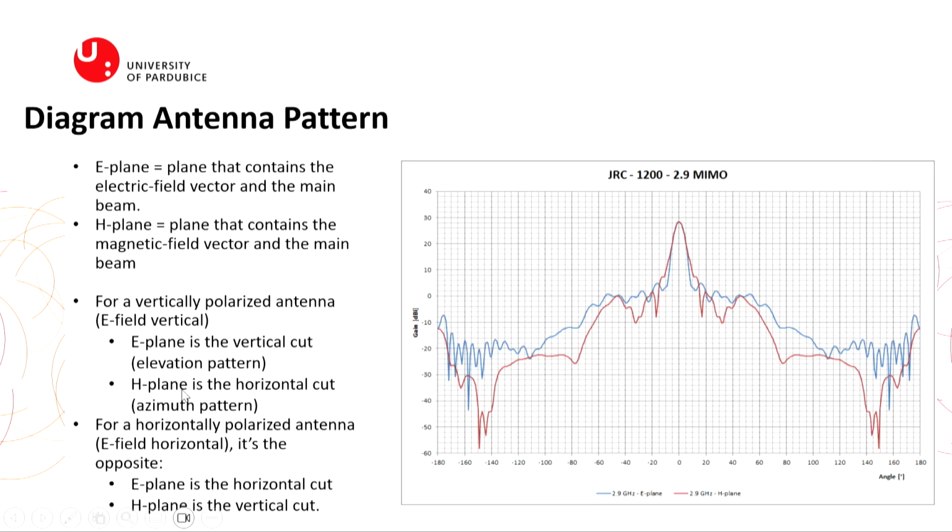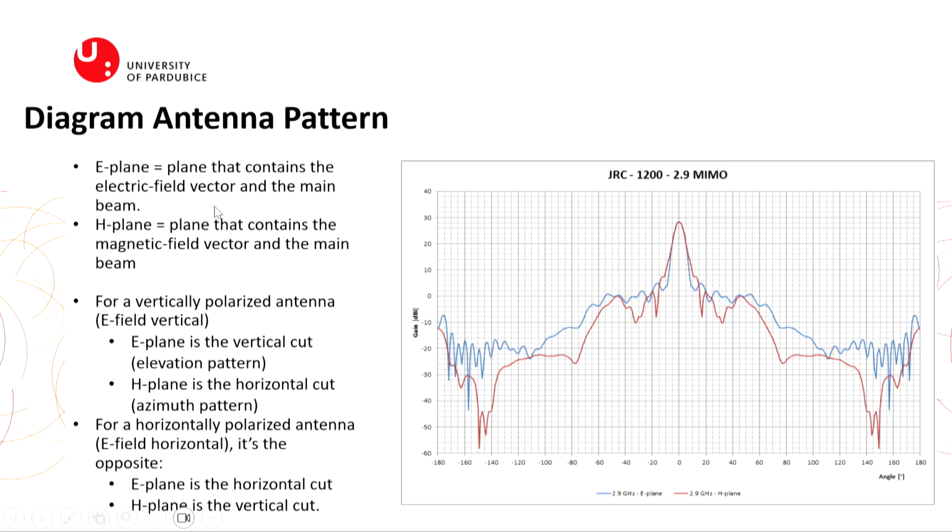There you can see the E-plane and H-plane of both antennas, so you can see the main lobe and side lobe. How was this specific antenna designed? On axis Y is the antenna gain, of course.